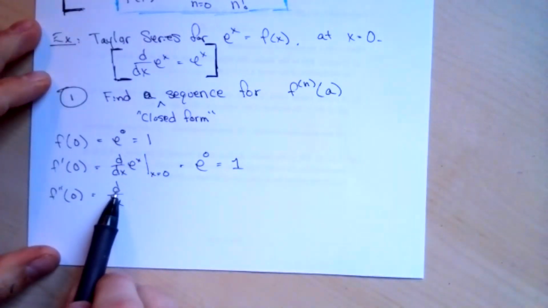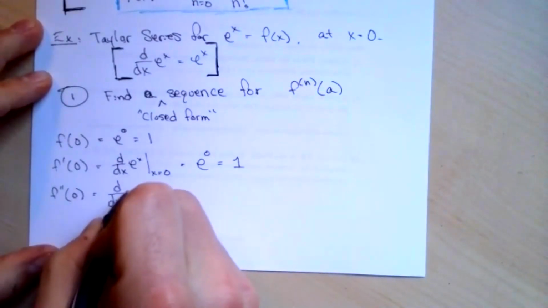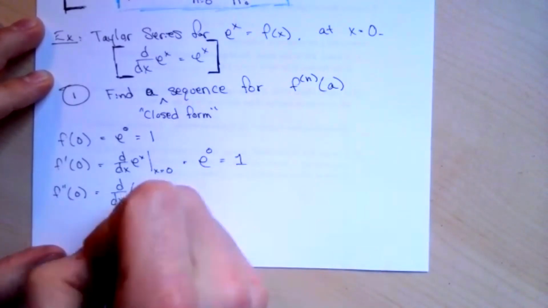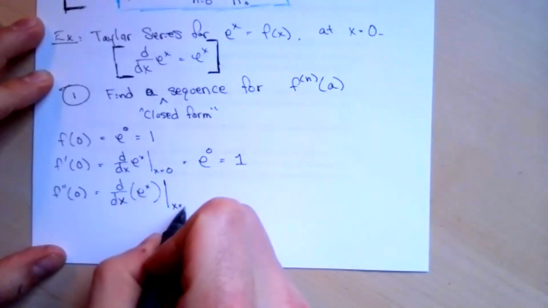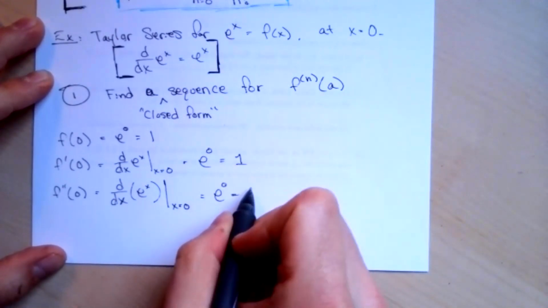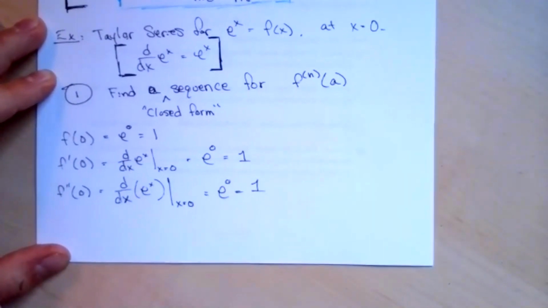We typically want to take a derivative of the previous derivative. So of course the previous derivative was still e to the x. And then we evaluate it at the base point. So we are going to get 1 again.